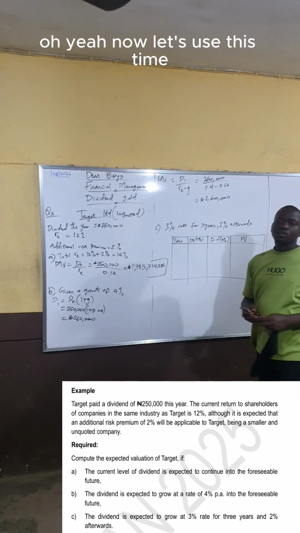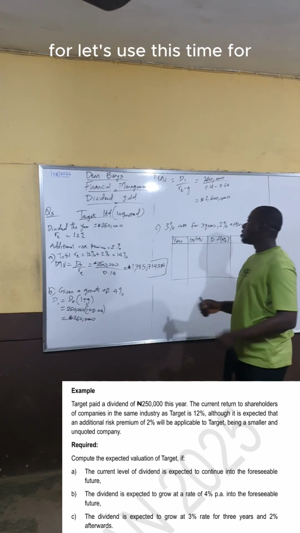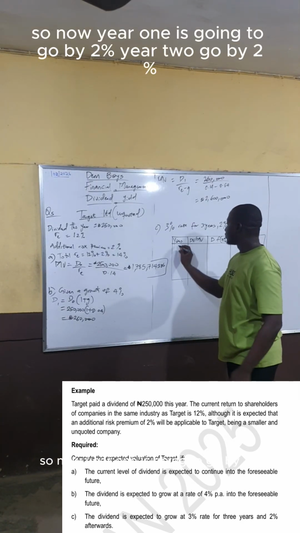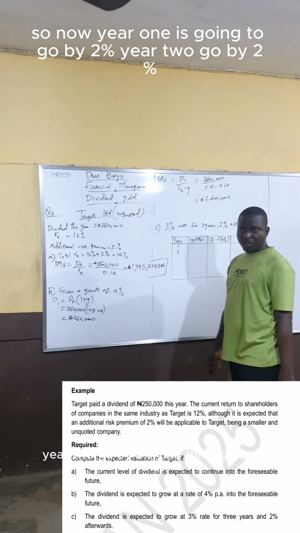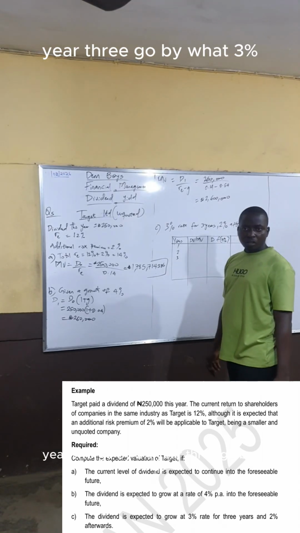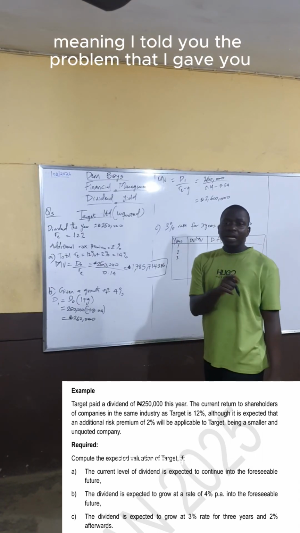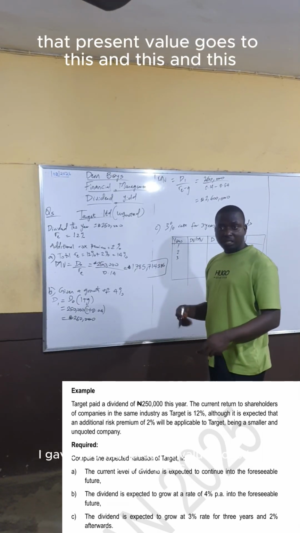Let's do it. So now, year 1 is going to grow by 3%, year 2 by 3%, year 3 by 3%. I told you the formula I gave you: present value equals this and this and this.